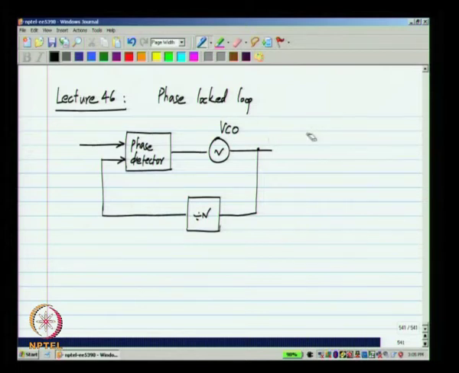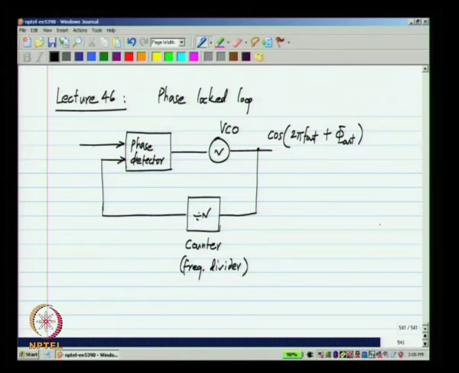So, the output signal will be cos 2 pi f out plus some phase offset phi out, and we have a frequency divider or a counter. And the input of course is at the reference frequency.